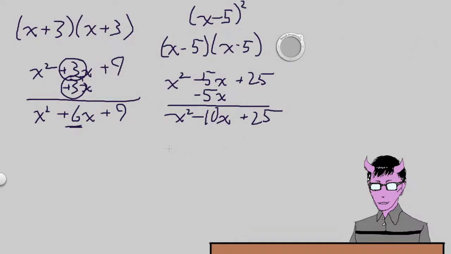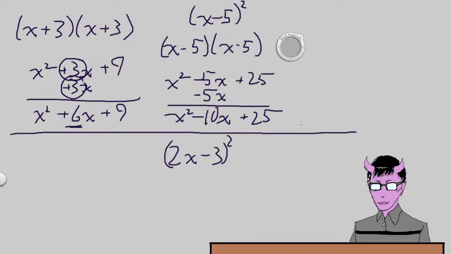What if you have something goofy like this? If you have the 2x minus the 3, and then this is getting squared. Well, first let's just rewrite this. We can rewrite this as 2x minus 3 times 2x minus 3. It's technically a waste of time, but it's just to illustrate a point. So what do we do again? Multiply those two.